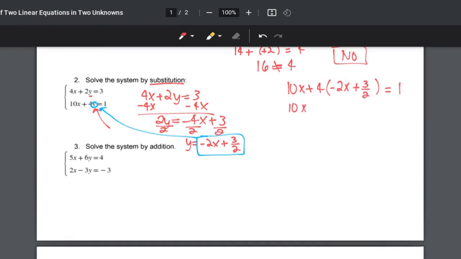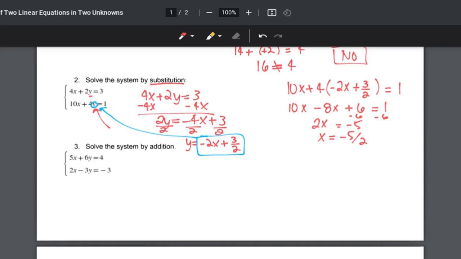So if I distribute my 4, I get negative 8x, and then I get 12 over 2, which is 6. So combining like terms and subtracting 6 on both sides, I have 2x equals negative 5, and x equals negative 5 over 2. The biggest mistake that people will make is typically just stopping here and not solving the entire system. You've got a value for x, but you also need a value for y.